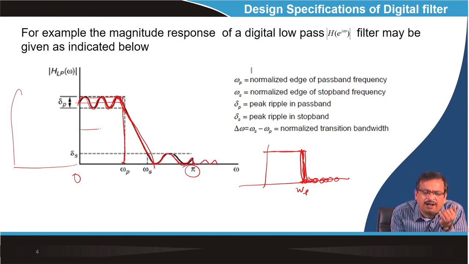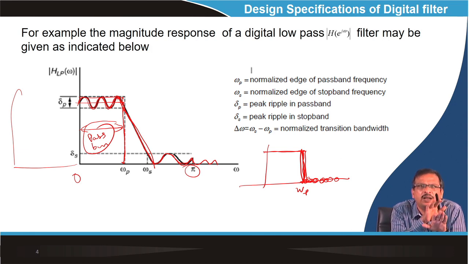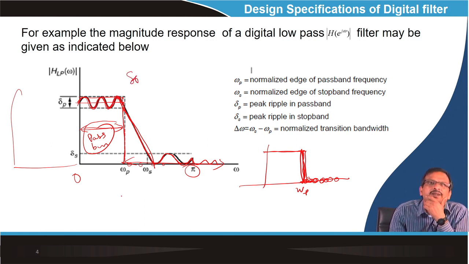So this part is called the pass band. In this part, the frequency components and power will exist. Elsewhere it is supposed to be 0. So this is the pass band and this portion is the stop band. But even in the pass band, there is some variation of the signal, which is called del p. Del p is a plus or minus variation.